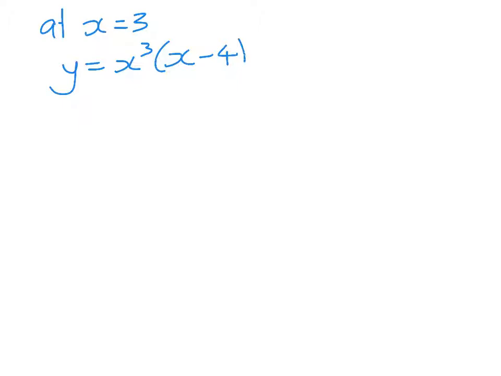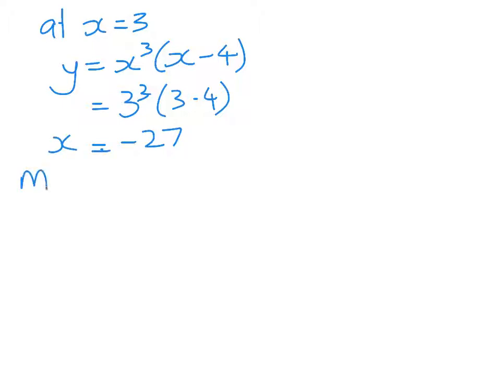Okay, so at x equals 3, what's y? Well, y is equal to, going right back to the start, we can work with it in this form or in expanded form. So y is equal to 3 cubed times negative 1. So that's negative 27.